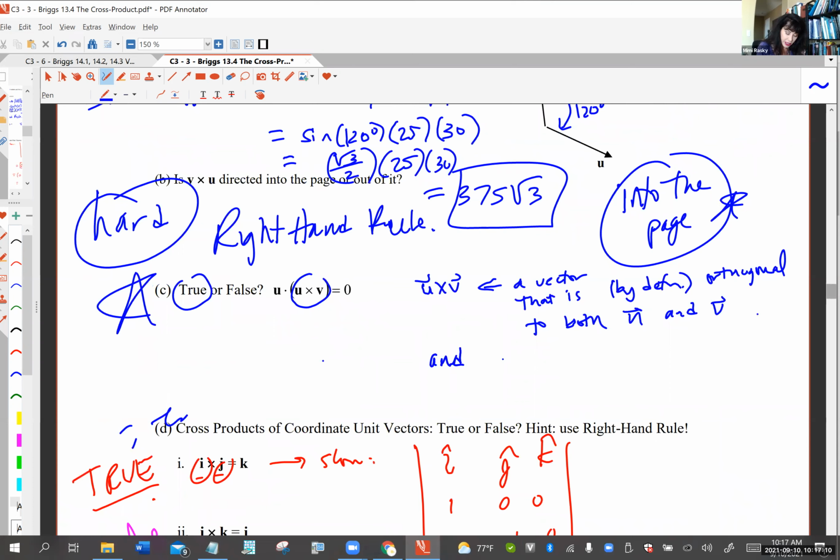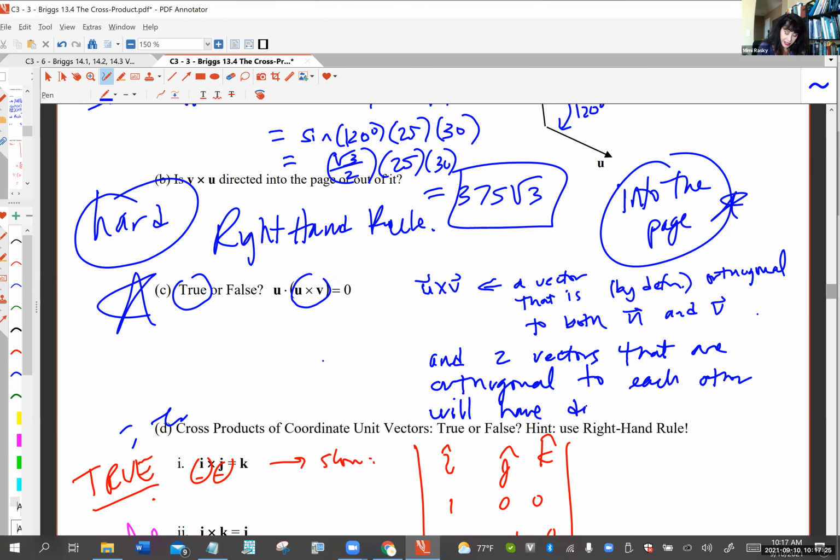Two vectors that are orthogonal to each other will have a dot product of 0. If you said those things somehow in your own words, it doesn't have to be exactly what I'm saying here, but in so many words, and I got the gist of what you were doing, then you got full credit.